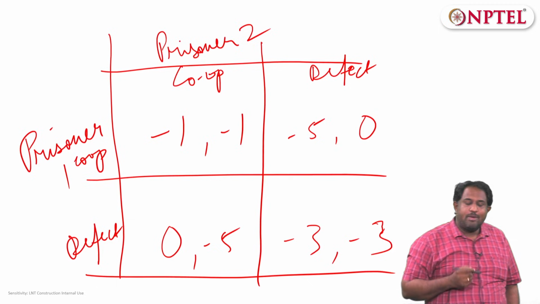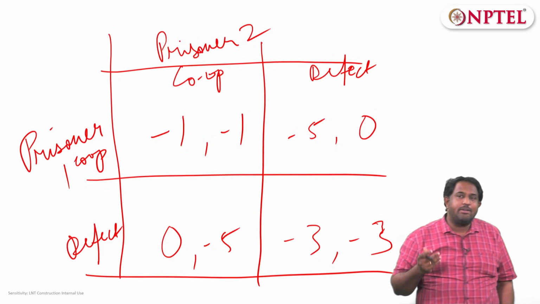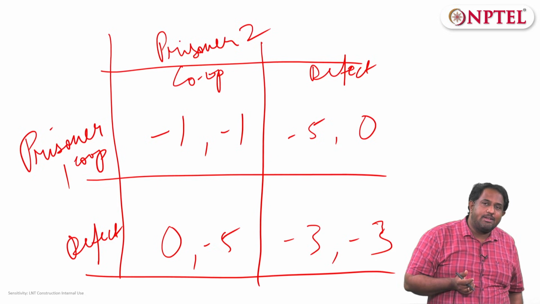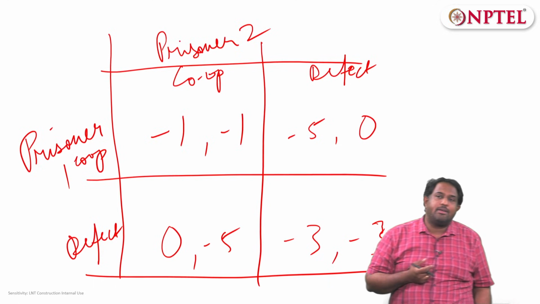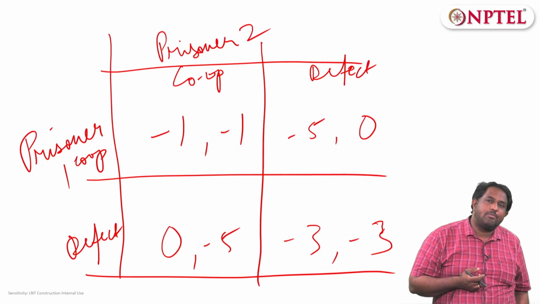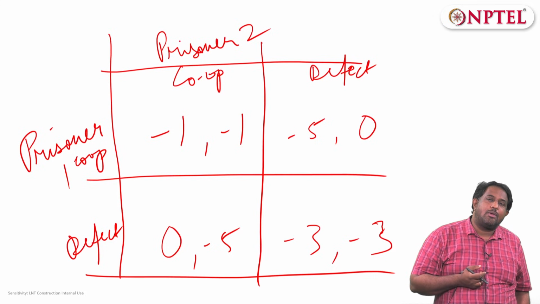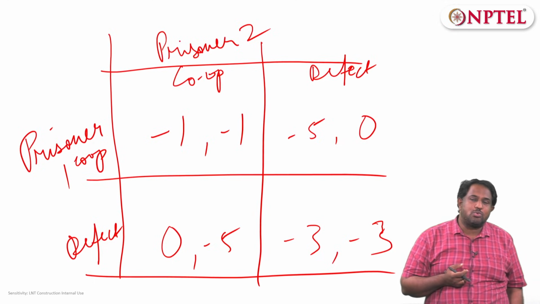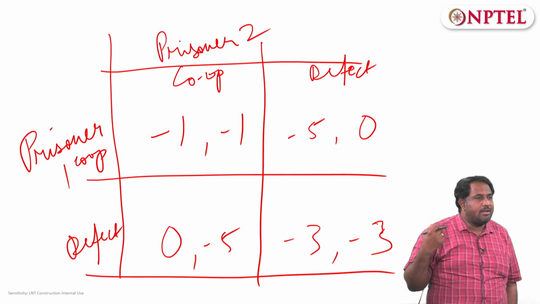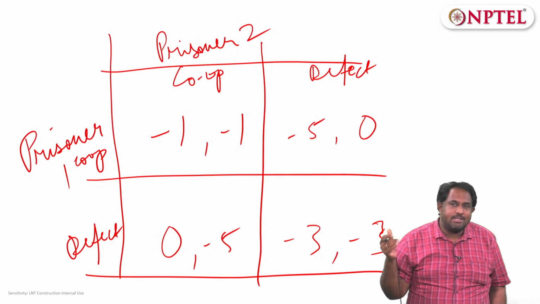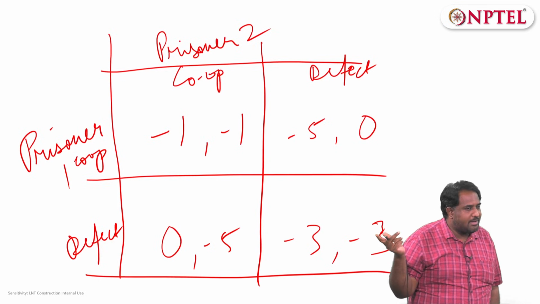The other option, when you look at the second quadrant, and again bear in mind, continuing with our earlier game, you look at prisoner 1 payoffs by looking at the left hand side, and you look at prisoner 2 payoffs by looking at the right hand side within any quadrant. If you have a scenario wherein both of them were to squeal, both of them would say that, well, it's not me who's done the offense, it's the other guy, and the other guy also decides that I can't trust this person.